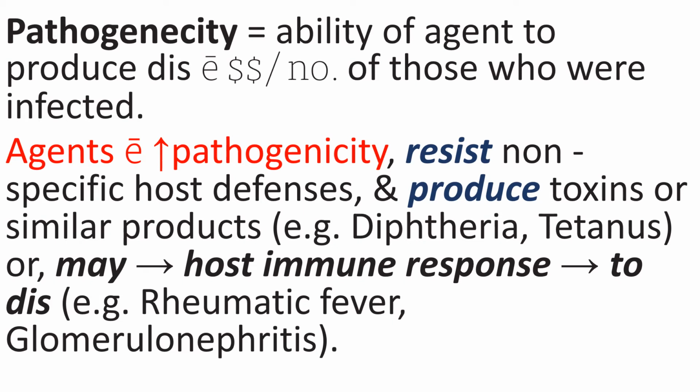Agents with increased pathogenicity resist non-specific host defenses and produce toxins, as in case of diphtheria and tetanus, or may lead to host immune response to disease, as happened in rheumatic fever and glomerulonephritis.